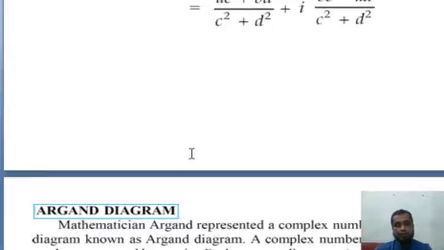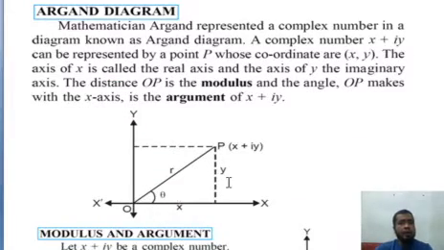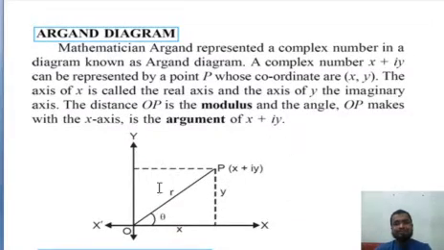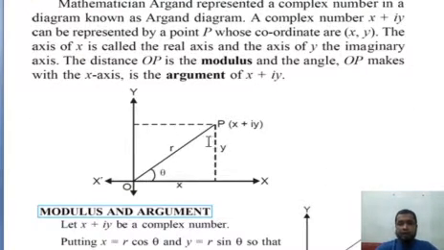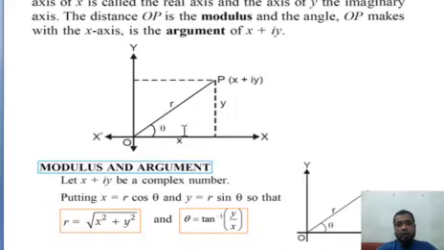Now, the Argand diagram. The complex number representation plane is known as the Argand diagram. Suppose P is a complex point, x plus iy, where x is the real part and iy is the imaginary part. This representation is known as the Argand diagram.